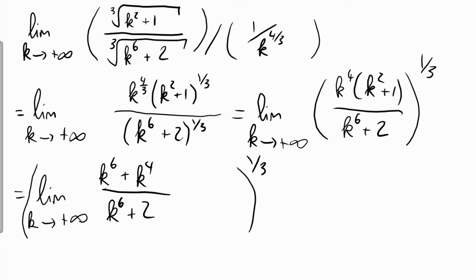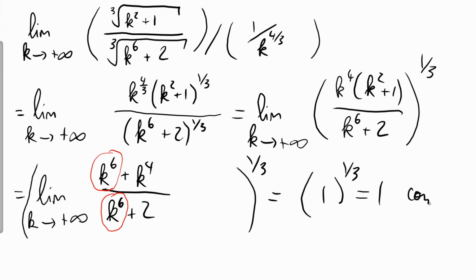Now the limit of this as k goes to infinity is driven by the ratio of the top powers here. So this is going to give us 1 to the 1/3 power, which is 1. And that's a constant that's non-zero and finite.